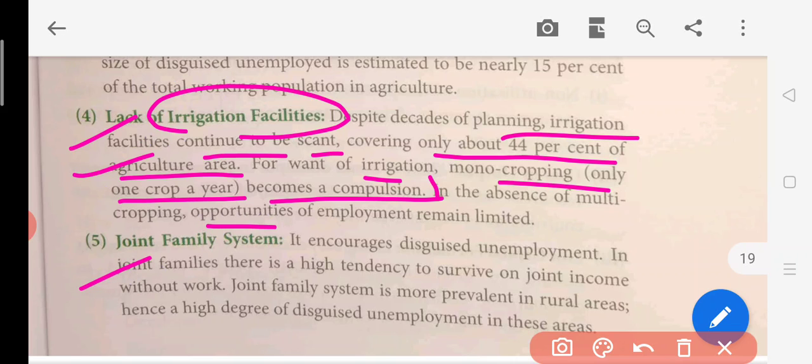Then the joint family system. In this system everybody stays together. Now the number of members in such a family will be too many, but the working members, the people who are employed or finding some jobs, will be fewer in number.